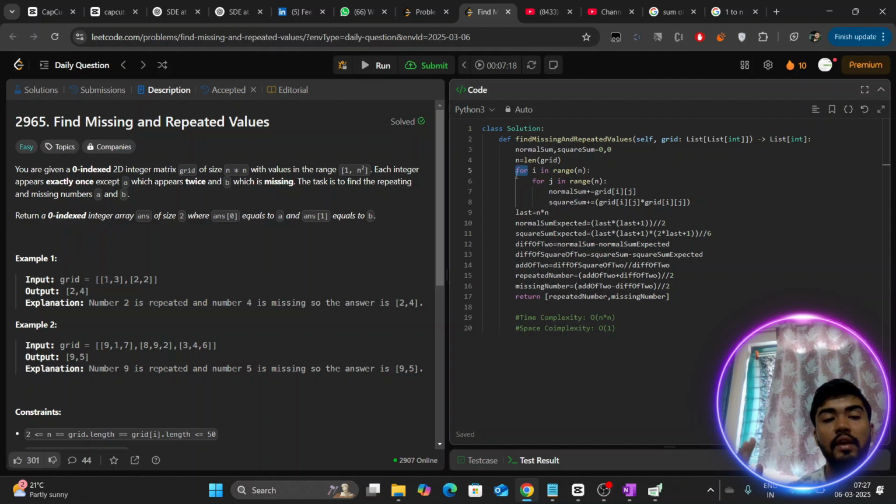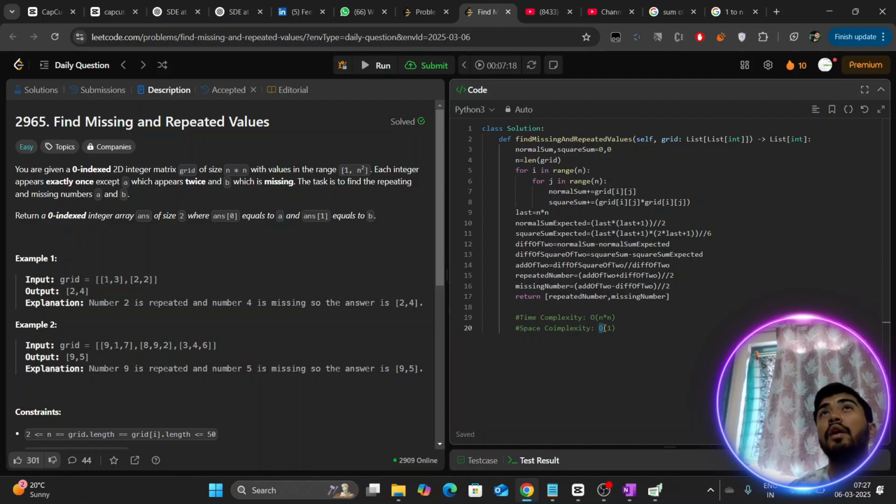The number whose frequency is 2 is our repeated element for sure, and for 1 to n, the number whose frequency is 0 is the missing number. But that is less optimal in space terms, because in that case we end up using space of big O of n square. Here n means the length of the grid, but in our approach we are not using any extra space.